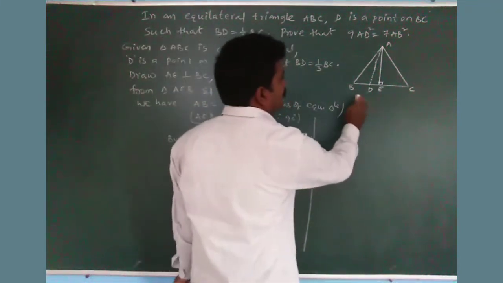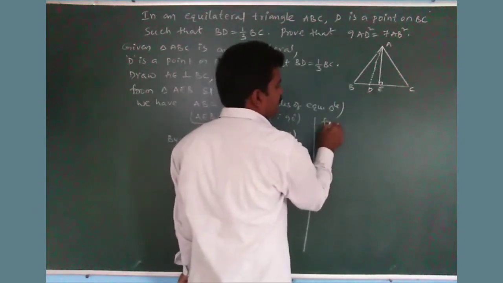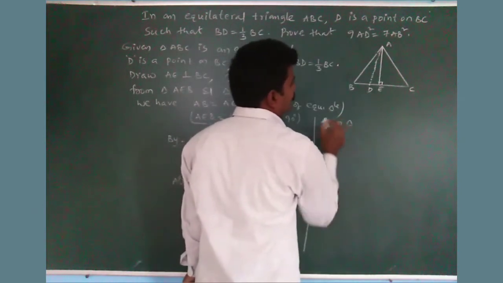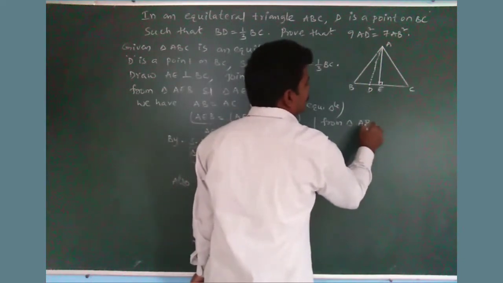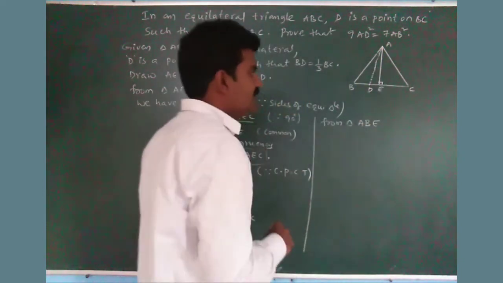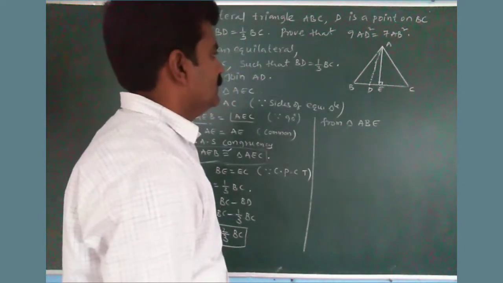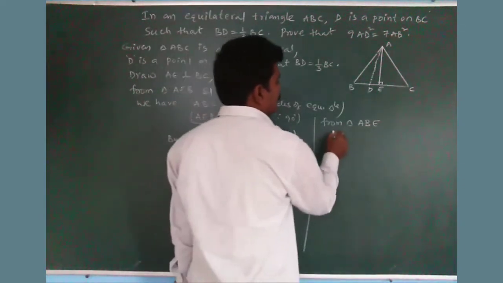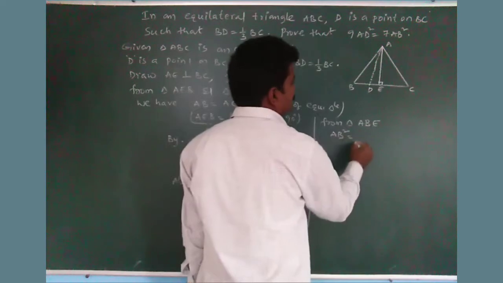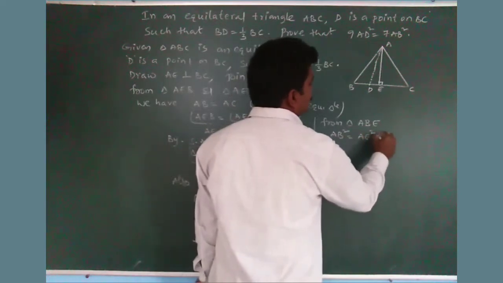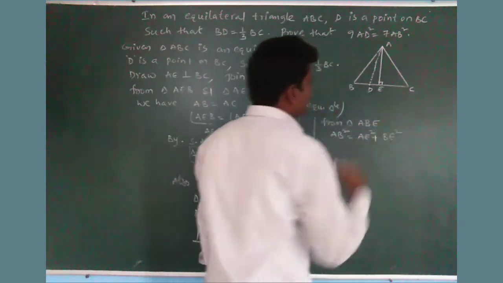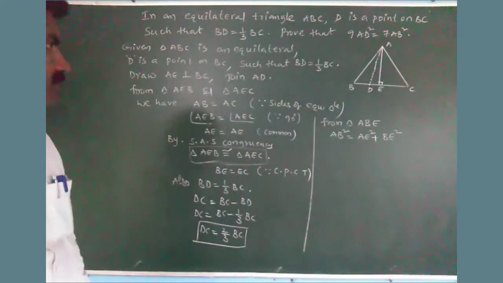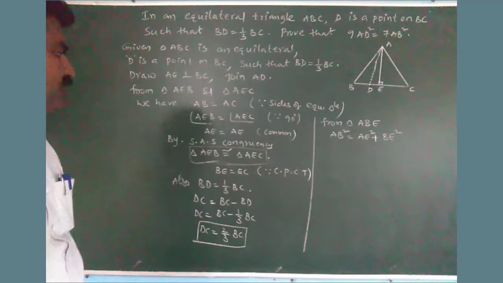Now from triangle ABD, what we can say? AB square is equal to AE square plus BE square.